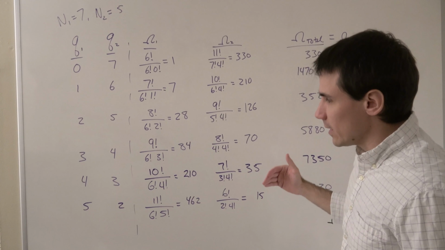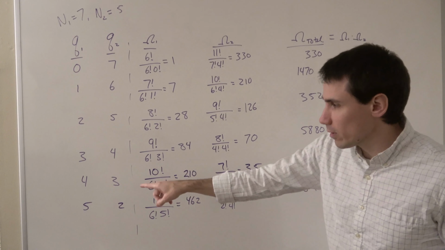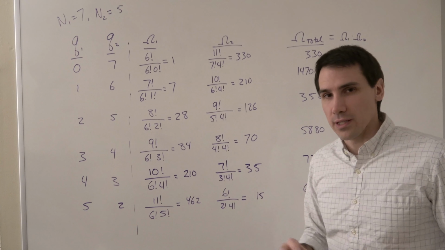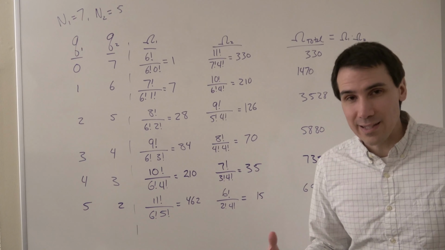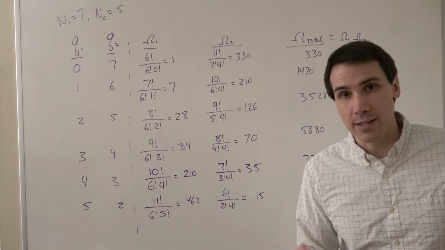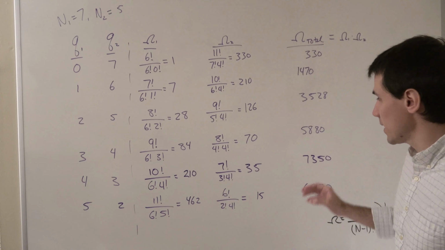And this trend continues until I get to this line here with 4 and 3 units of energy respectively in Einstein solid 1 and 2. This is the most likely macrostate of my system because it has the most microstates.